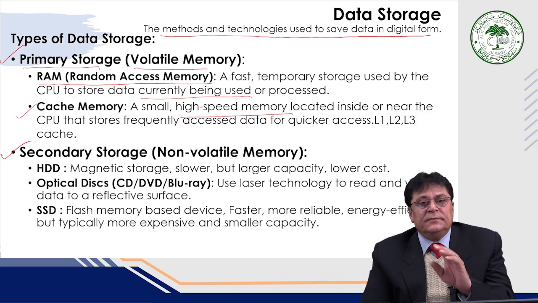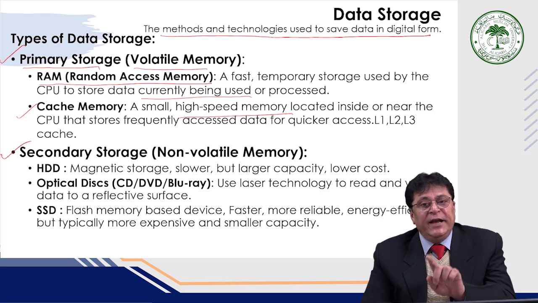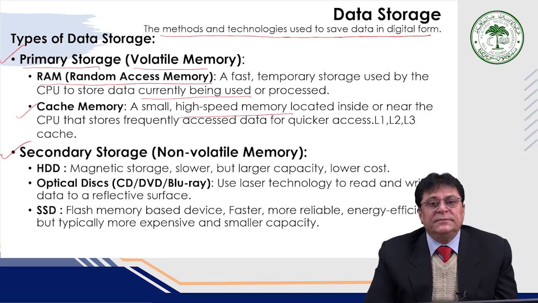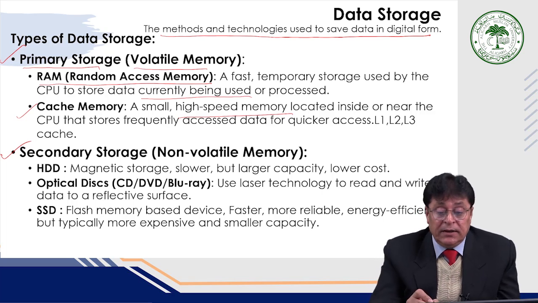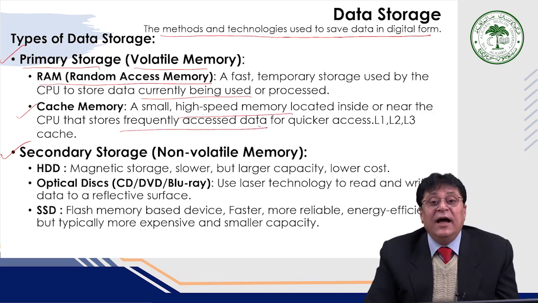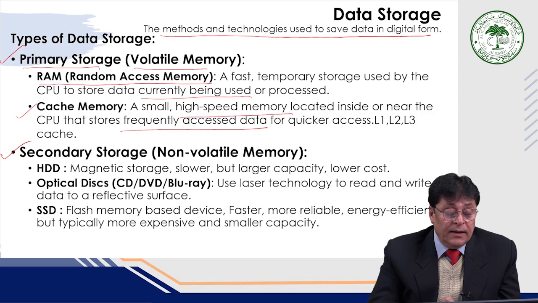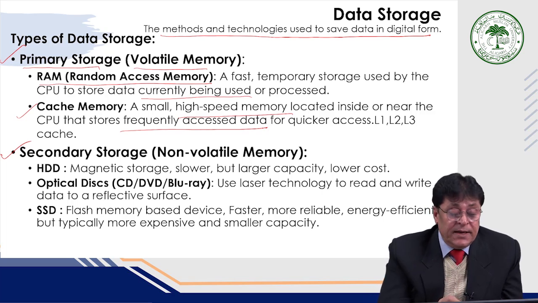L1 is on-board cache, L2 is on-chip cache and L3 is in-chip cache. Cache memory holds the most frequently used or accessed data for quicker access, and it is very important in a computer system or in a digital system.